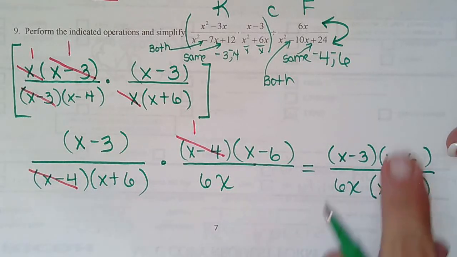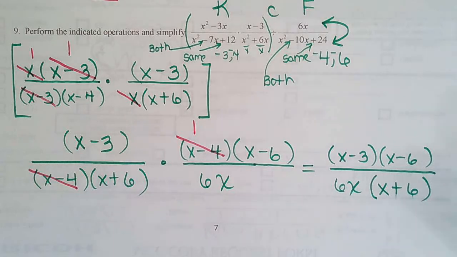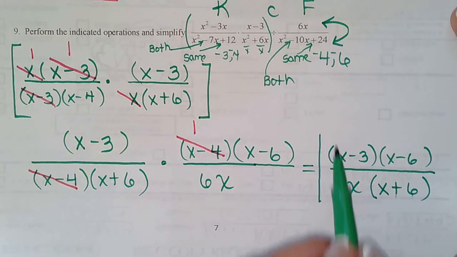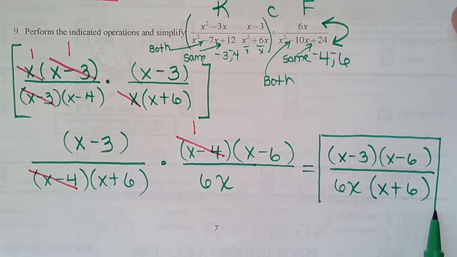And remember, these cannot be canceled. Why? 1, because they're not the same. 2, because they're not opposites. In order to be opposites, the 6's would have to be different, and the x's too, and the x's are not. So that's looking like our answer.